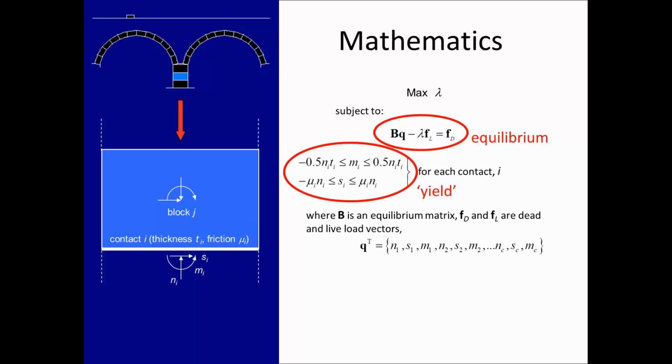What are the forces involved? Well, there's certainly a self-weight force because we've got a block with self-weight, but we also have forces at the contacts. So we have stress resultants, a normal force, a shear force and a moment at each and every contact. Now, what we also need to do then is impose what we term a yield constraint on these contact forces.